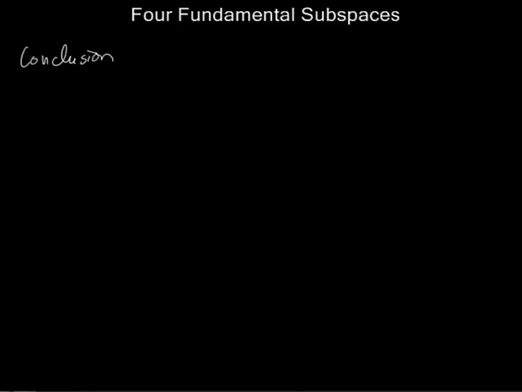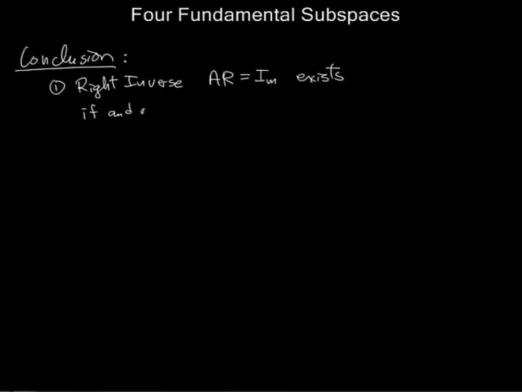So the conclusion of all of this is the following. We have an m by n matrix, and we want to know if it has a right inverse, which is to say a matrix satisfying this. Then the right inverse exists if and only if the rank of A is required to equal m.